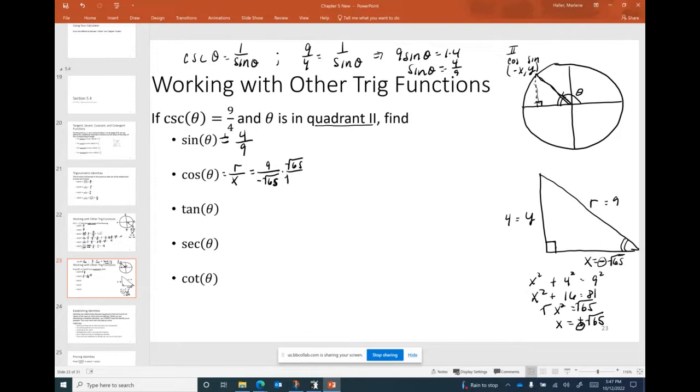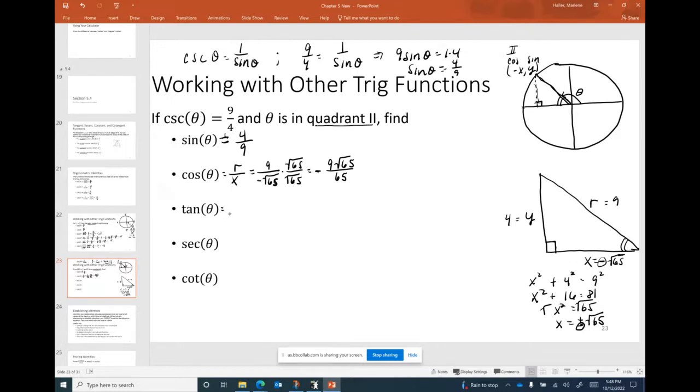So we'll multiply by the square root of 65 over the square root of 65, and we'll have 9 square roots of 65 divided by 65, and that has to be negative, right? There's a negative in there. So there's our cosine. We can always do that by making a right triangle and going from there. All right, now the tangent, let's see.